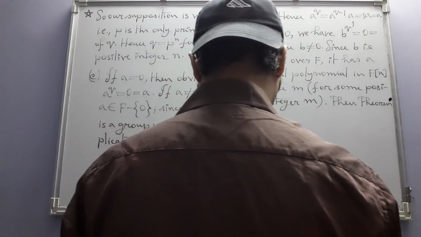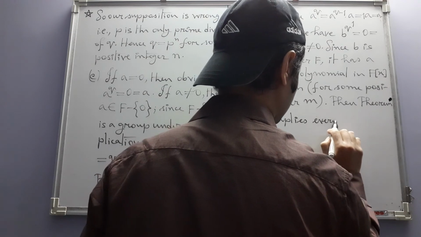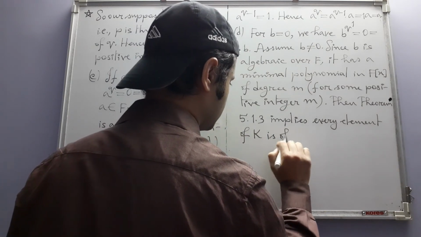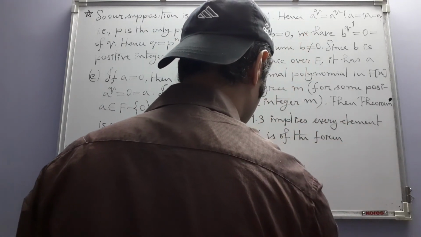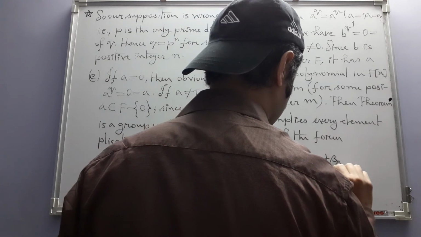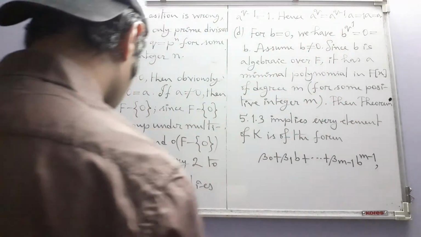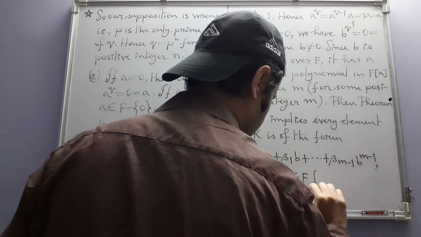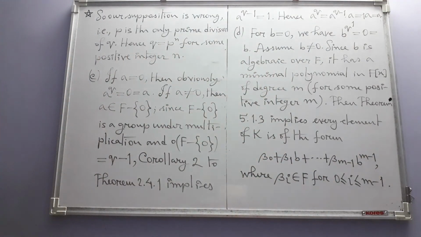It implies every element of K is of this form, beta 0 plus beta 1 b, etc., plus beta m minus 1 b to the power m minus 1, where beta i belongs to F for i lying between 0 and m minus 1.